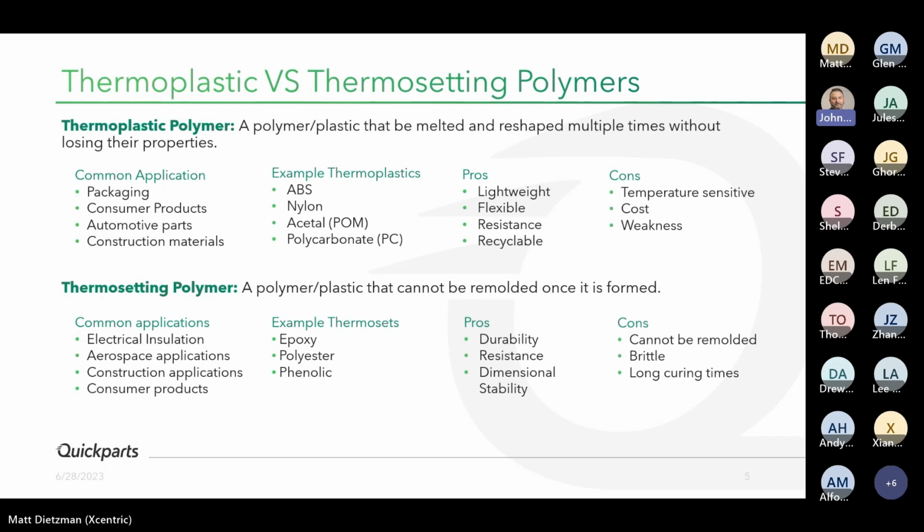Like I said earlier, you can't remold it, you can't really recycle it, and it can be brittle. The process to mold these parts is a lot longer than injection molding because it typically involves molding and curing. Some example thermosets are two-part epoxies, polyesters, and phenolic materials.